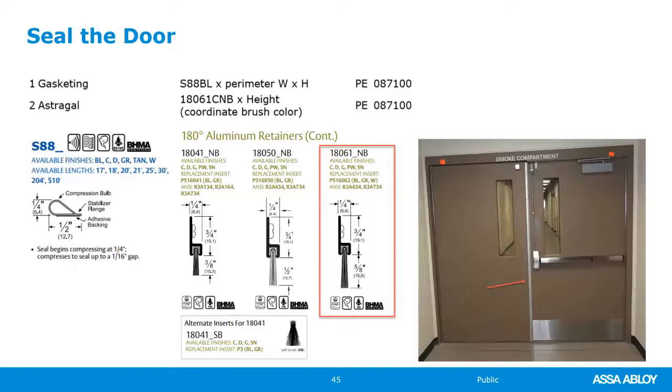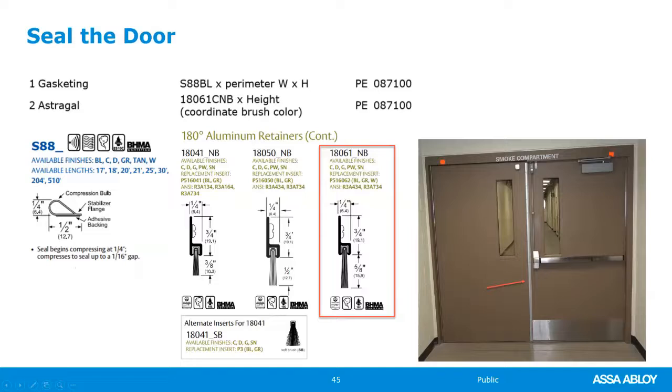The gasketing, not required, but always a best practice. And anytime that you have a cross corridor or any kind of corridor door, rather than use the S771 like we did on the patient bedrooms, these get a little more abuse and a little higher frequency.